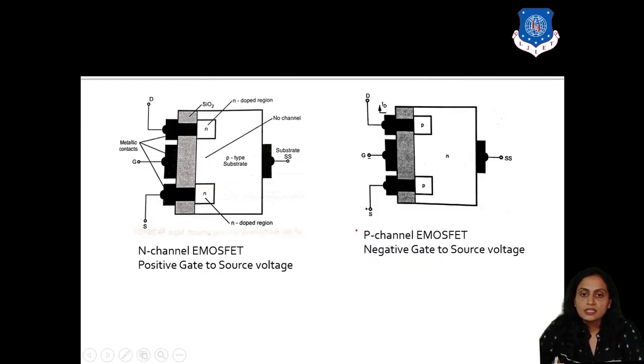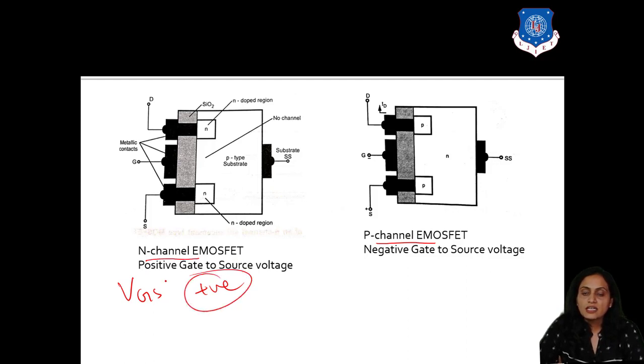This is the N-channel E-MOSFET and P-channel E-MOSFET, just kept here for introduction. For the N-channel E-MOSFET, the gate to source voltage applied has to be positive. That means the threshold voltage for the N-channel E-MOSFET is positive, and for the P-channel E-MOSFET, the gate to source voltage, that is the threshold voltage, is negative.